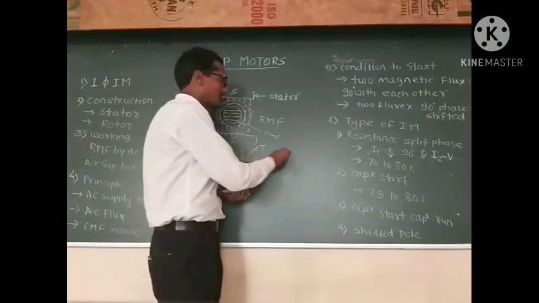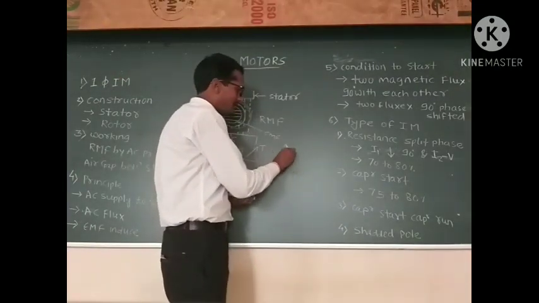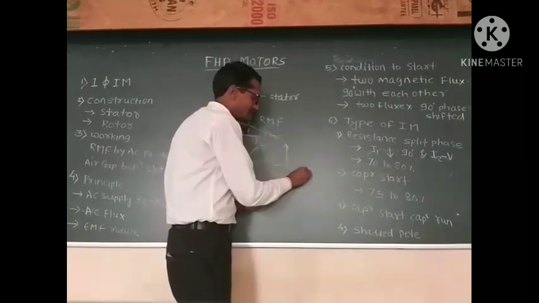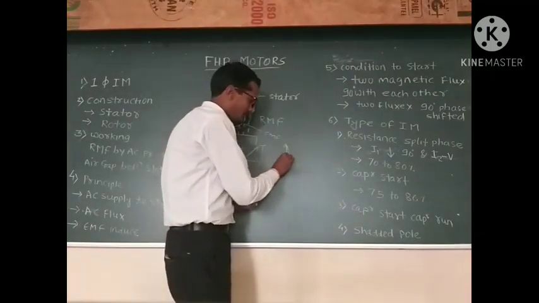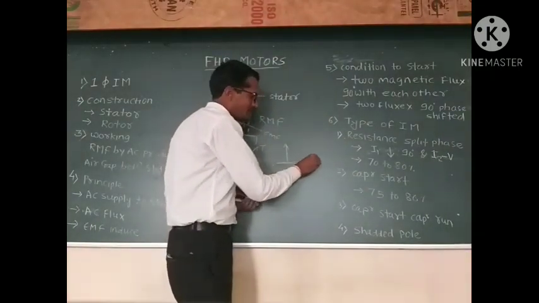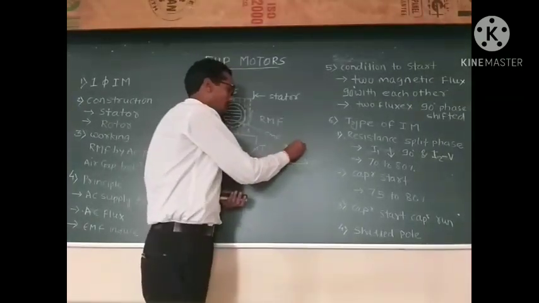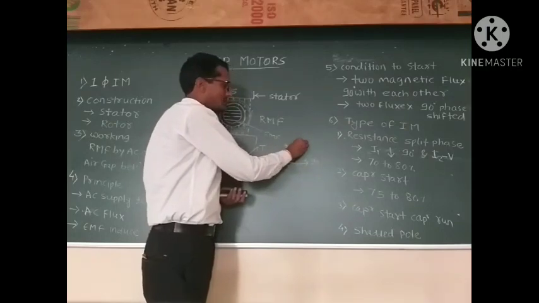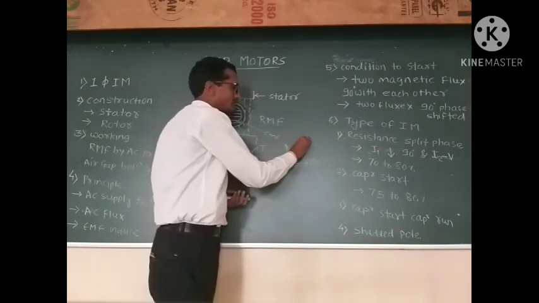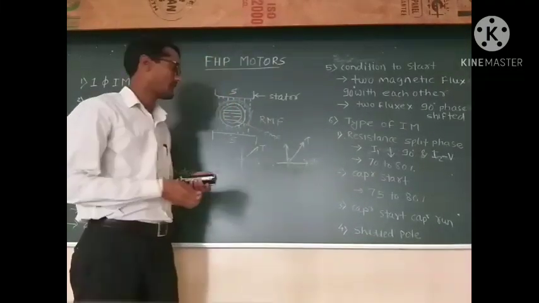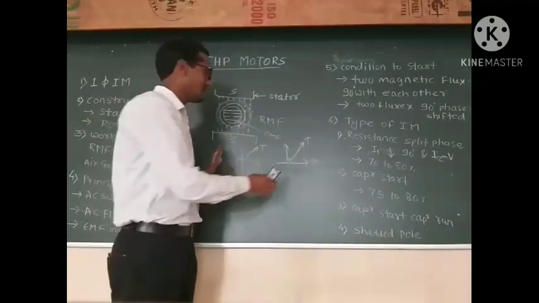Means if the first flux is vertical, then the second flux should be at 90 degrees to it. Then and only then the resultant of these two fluxes produces torque. First condition is that.